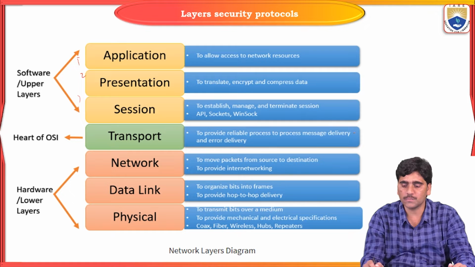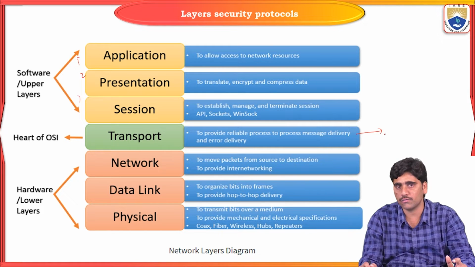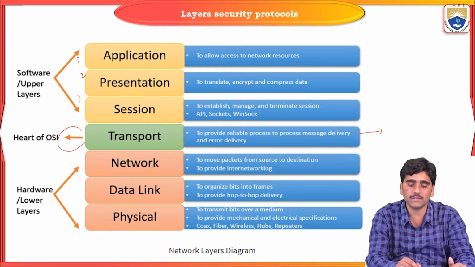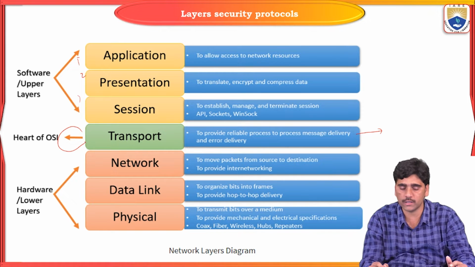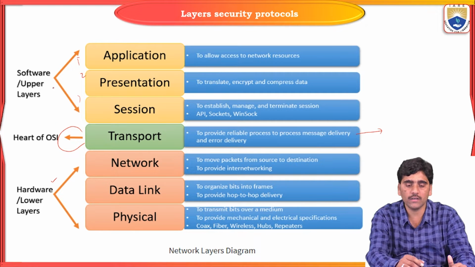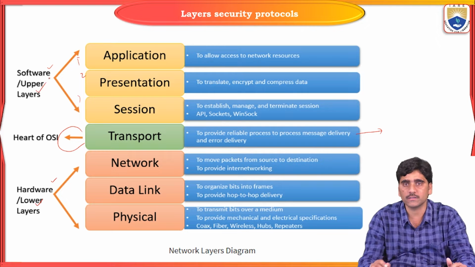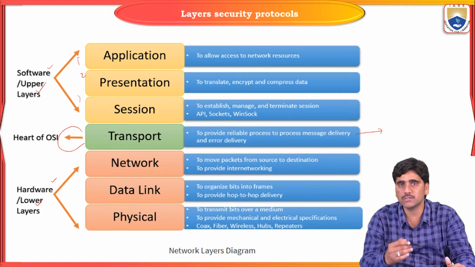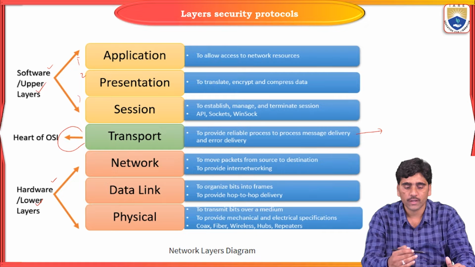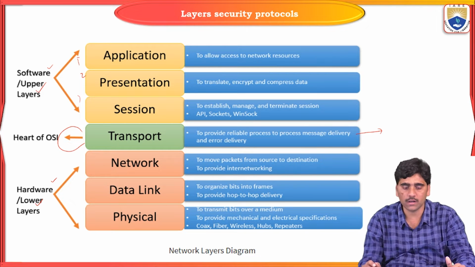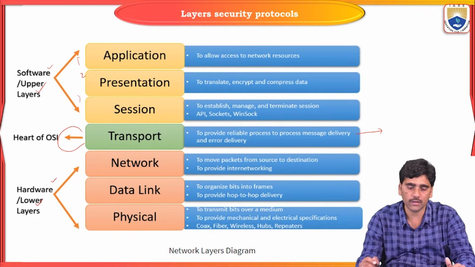And this transport layer is the heart of the OSI reference model. That means it acts as a bridge layer, or an intermediate layer, between the hardware layers and the software layers, or the lower layers and the upper layers. So how is the data transferred from the lower layers to the higher layers, or the hardware layers to the software layers?